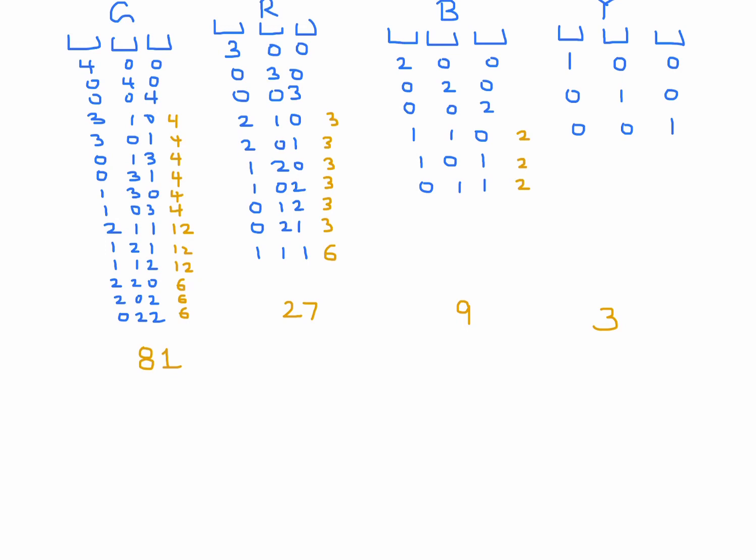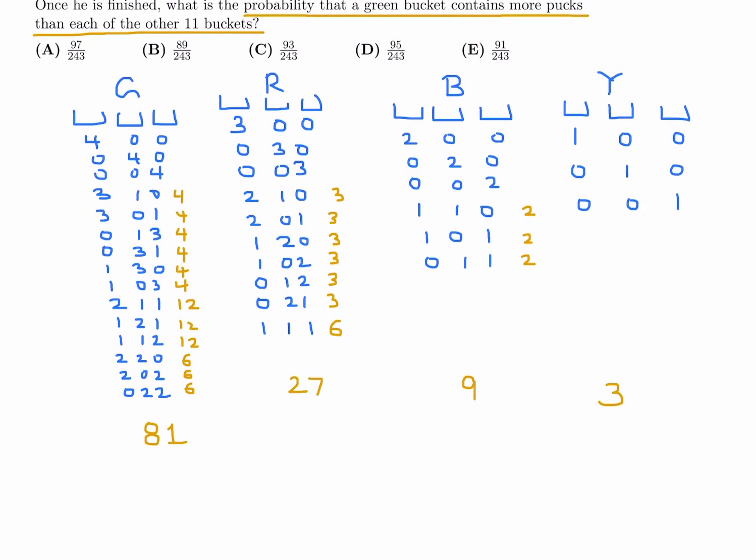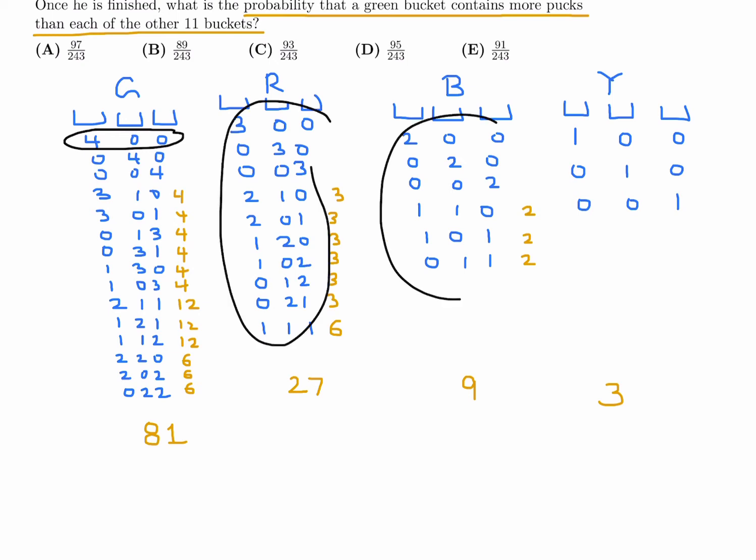Okay, so now let's talk about how do we get the probability that a green bucket contains more pucks than each of the other 11 buckets. All right, well, let's talk about that. So, for example, if I choose something like this, one of these buckets has 4. No other scenario anywhere else is there 4.